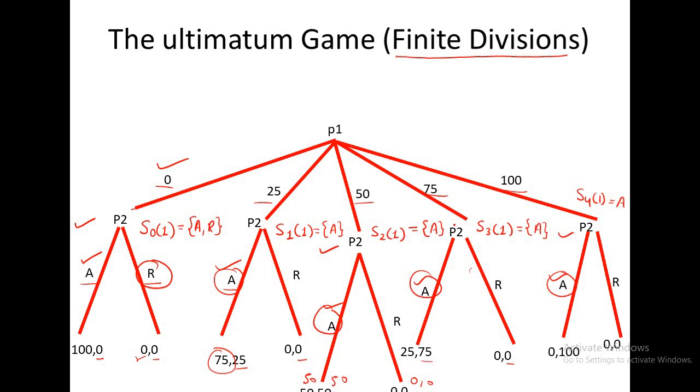At the offer of 75, the player 2 accepts and the player 1 will get 25. And at the offer of 100, P2 accepts and the player 1 will get 0. Now at which offer is the player 1 getting the maximum? This is the maximum payoff for the player 1, at the offer of 25.